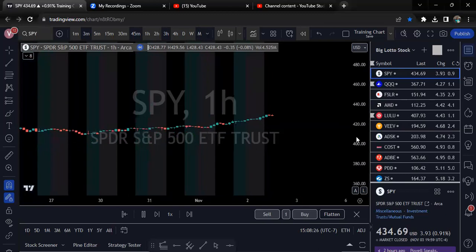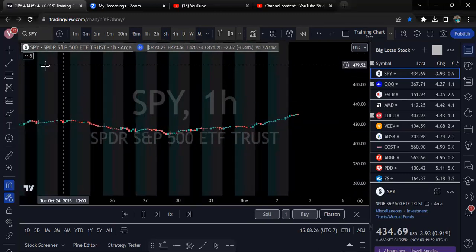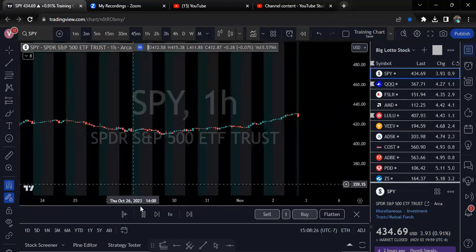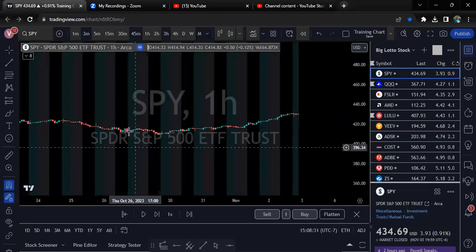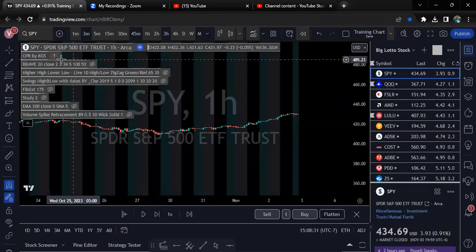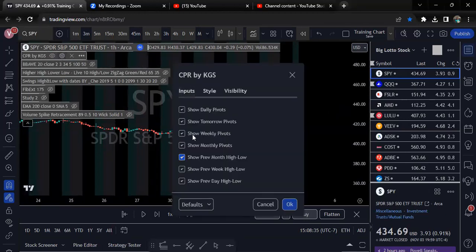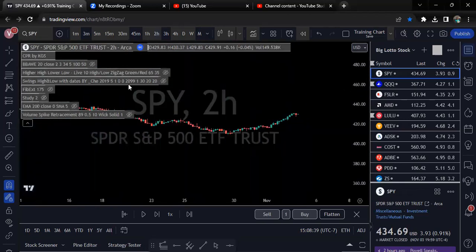All the indicators disappeared. Hold on. Yeah, it disappeared. I don't know if it doesn't want to be replayed. I'll leave it there and change the time frame.